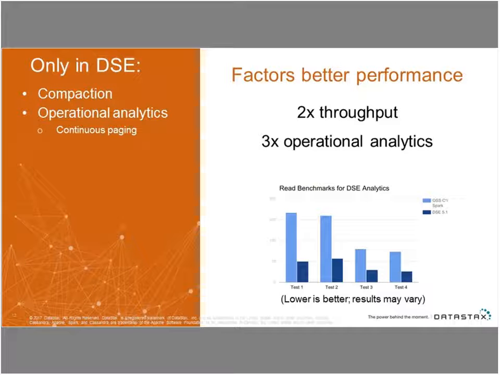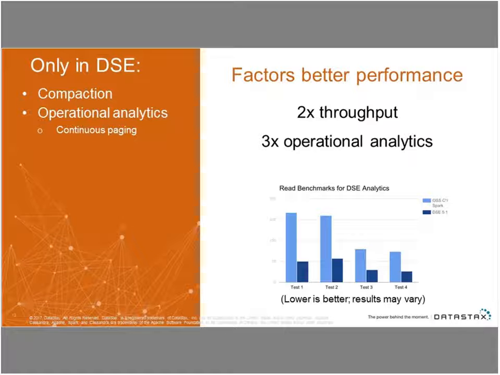Here are a couple areas in performance, and I'll talk a little bit later about how we're going to continue this trend in very significant performance difference between open source Apache Cassandra and, you could say, the sister open source components with respect to DataStax Enterprise.